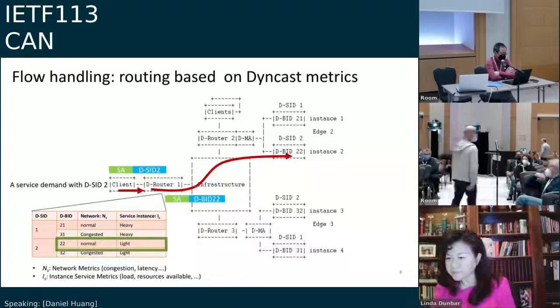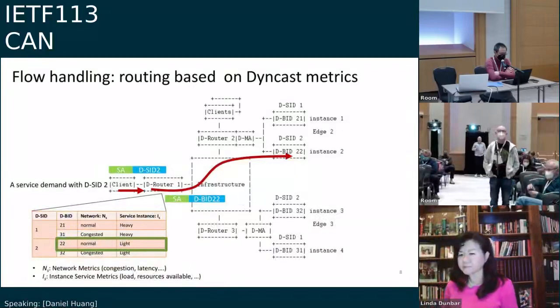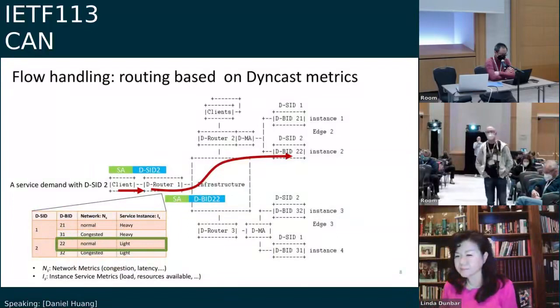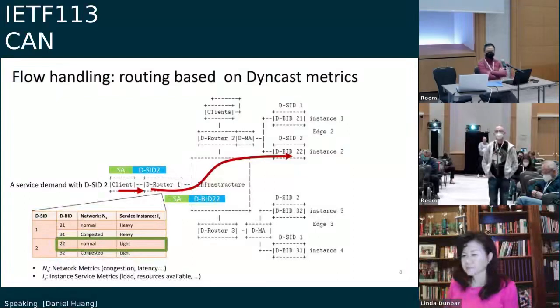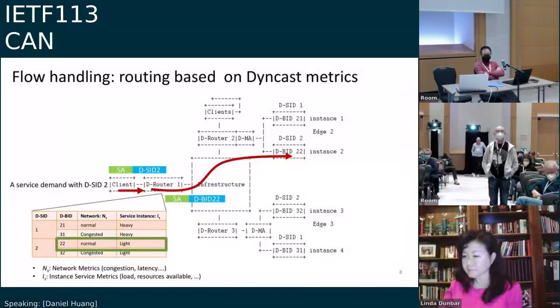Juan from ZTE. My comments and questions are for the Dynecast draft. I'm a little confused by the part about metrics of service instance in the slides. For me, the time span from the beginning of the service in the service instance to the end of the service could run from minutes to seconds and milliseconds.